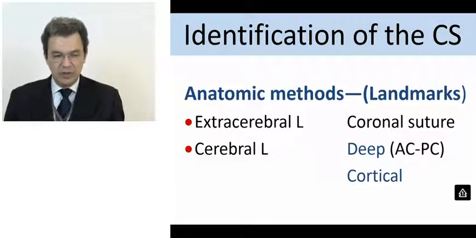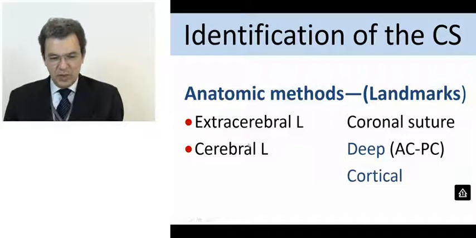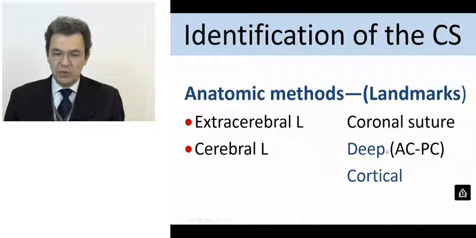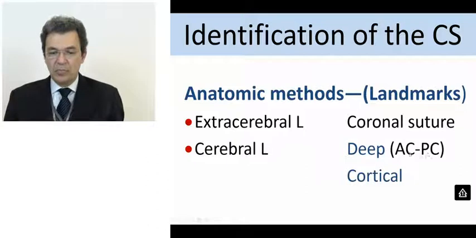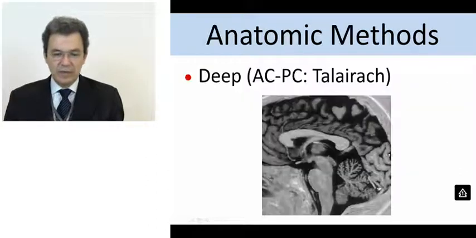Cerebral landmarks, which are much more important to neuroradiologists, you can subdivide again into deep and cortical ones. The deep ones use, for instance, the anterior commissure and posterior commissure lines. Have a quick look, think where it is, and there you see it.